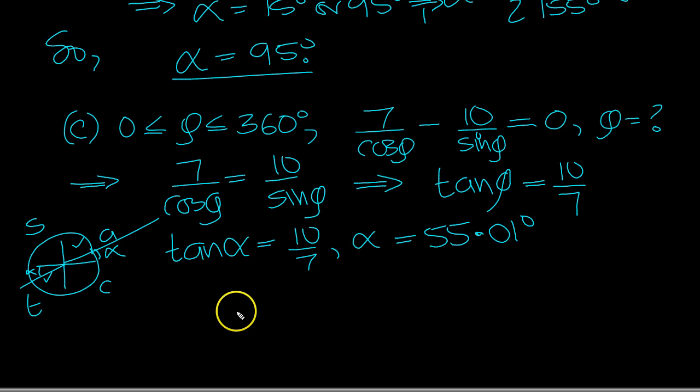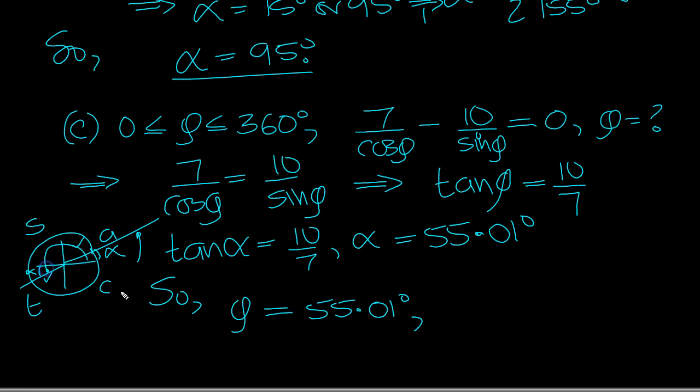Okay, that's alpha then. So phi must equal then, the first one will be round to here, which is 55.01 degrees, or the next solution would be 180 plus the 55, wouldn't it? 235.01 degrees.